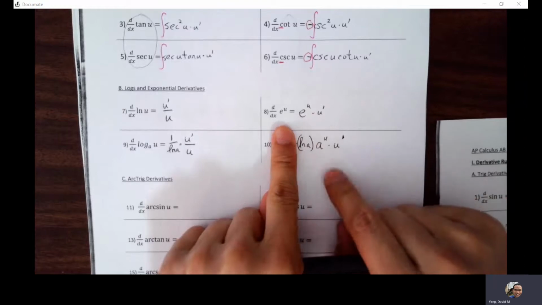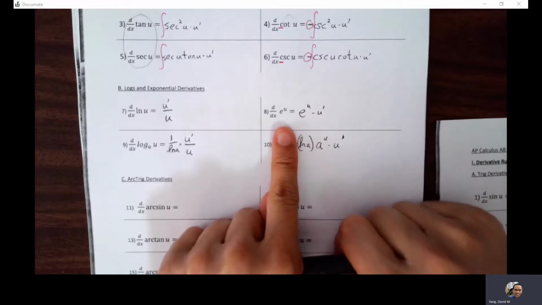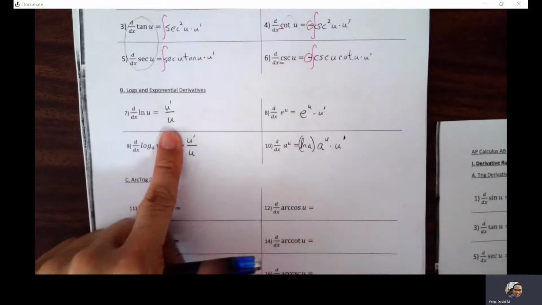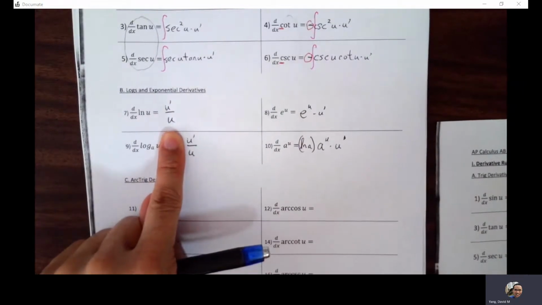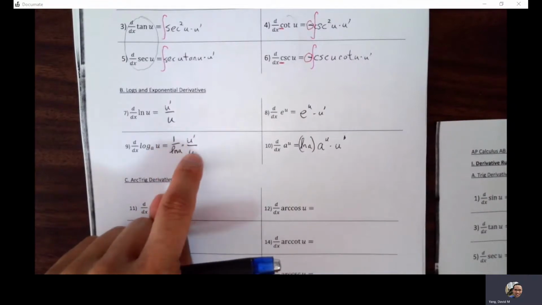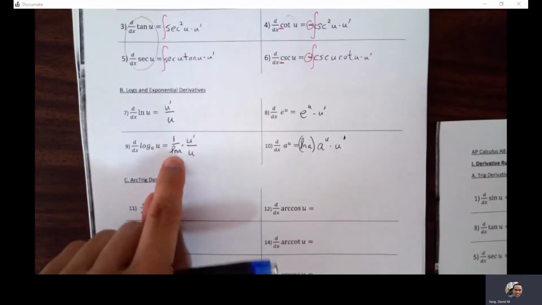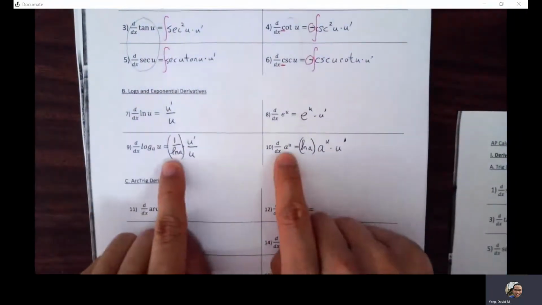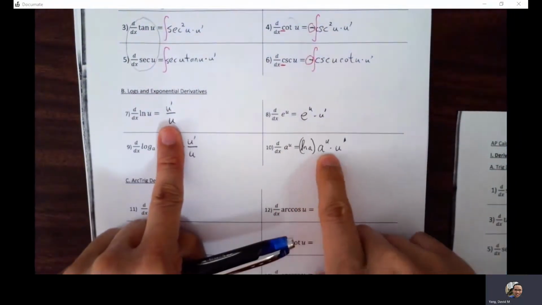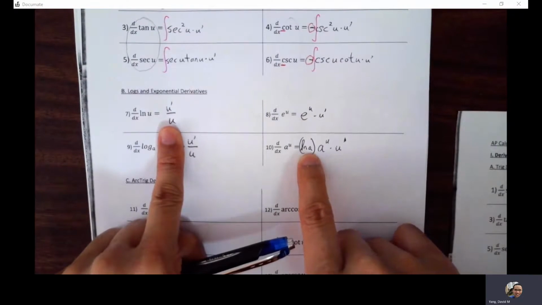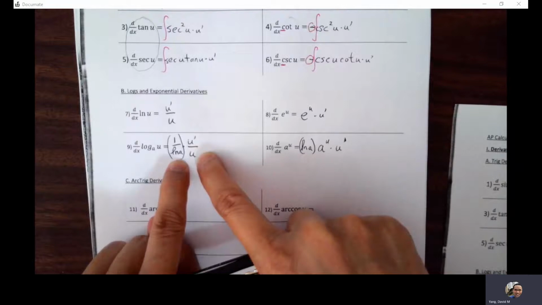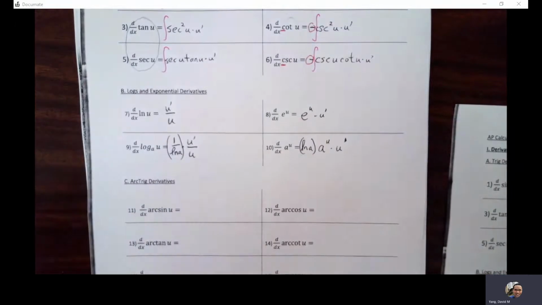So if there's no denominator, I know that natural log of a is going to have to go up in the numerator. Now, log base a of u, my derivative rule reminds me of natural log of u prime over u. There's a denominator portion. So that reminds me that natural log of a is going to have to sit in the denominator. Okay, so that's how I remember. The rest of the expression has no denominator, therefore natural log of a stays up. The rest of the expression does have a denominator, so natural log of a is going to go below.